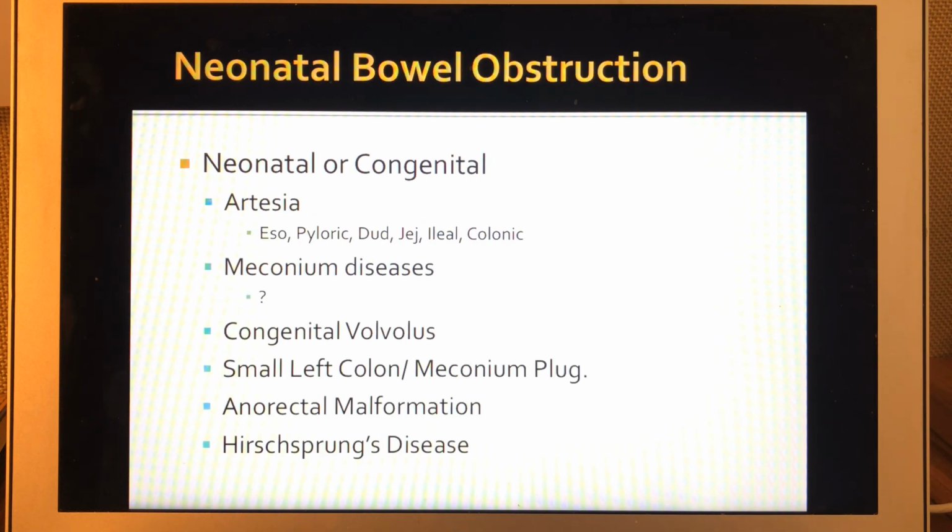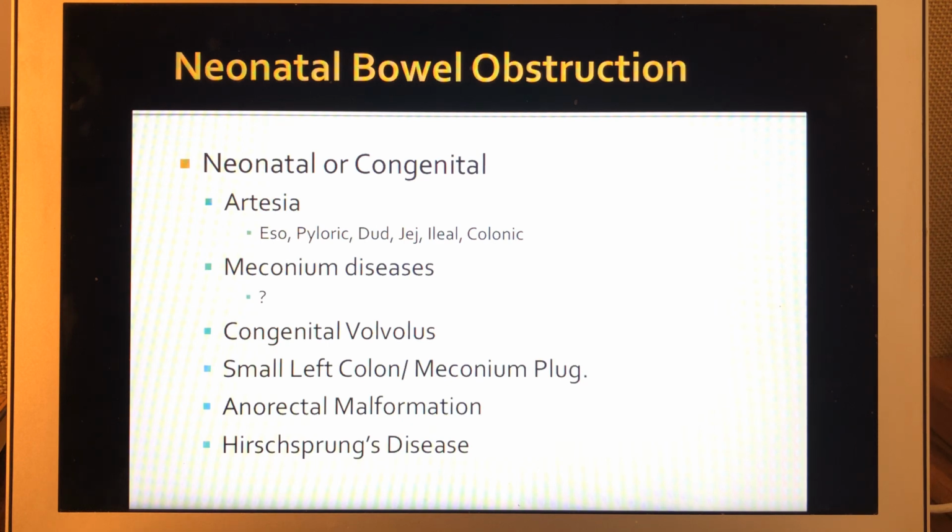So neonatal or congenital bowel obstruction, which is going to be the topic of our presentation today, can be classified into atresia. Atresia can happen anywhere in a luminal structure in the body: esophagus, pylorus, duodenum, jejunum, ileum, or colon. Or meconium disease, a group of diseases caused by abnormal meconium causing bowel obstruction.